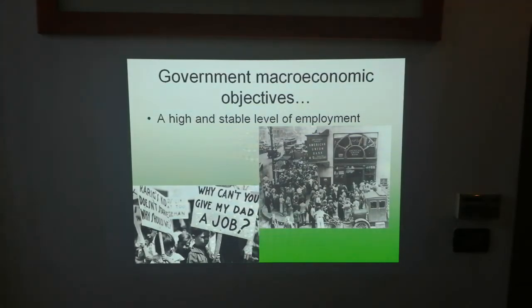It can't guarantee lavoro because obviously it's a free market. So people can lose jobs. It's not a totally planned economy. So it can't guarantee work. It must promote the conditions. If you look at Article 4, it promotes the conditions in which work will be given to everybody, hopefully.